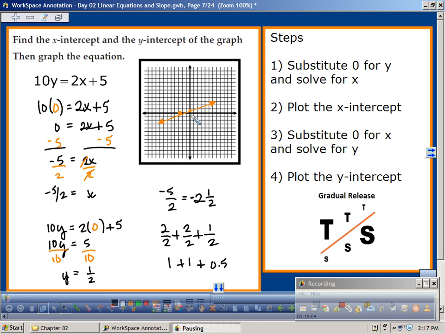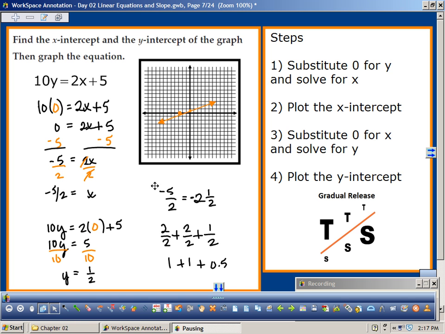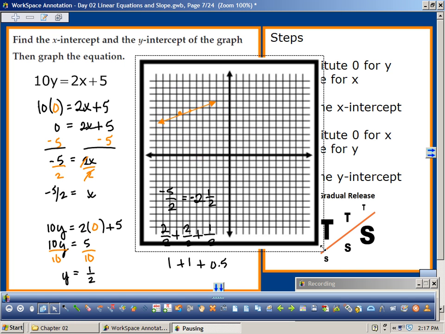You know how I do it sometimes too? If I'm looking at the graph, you can say 1/2, a whole, 2 halves, 1/2, 2 halves, 3 halves, 4 halves, 5 halves, right? Is that easier if you think about it in terms of a half? Here, let's make it bigger.